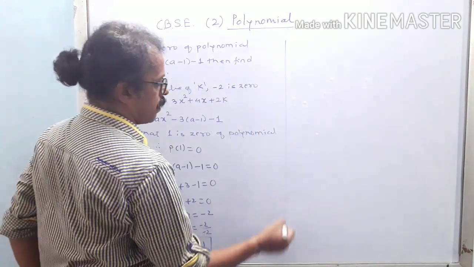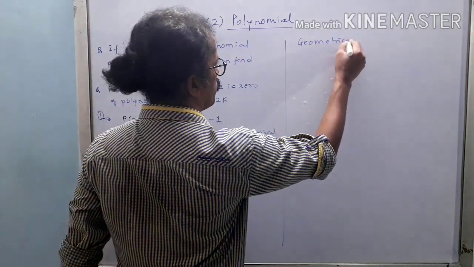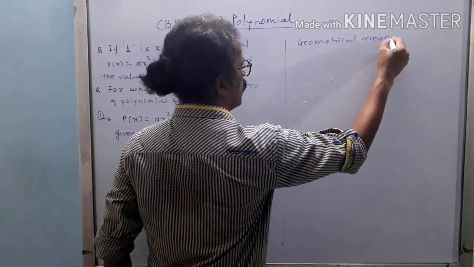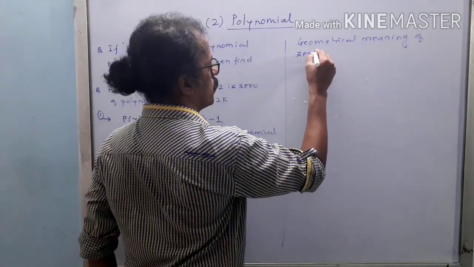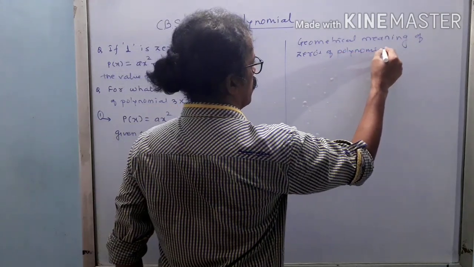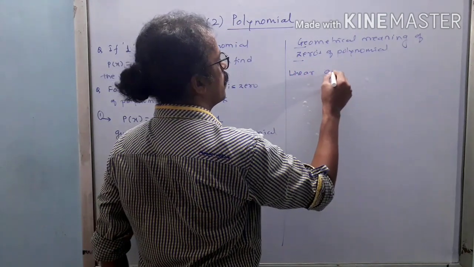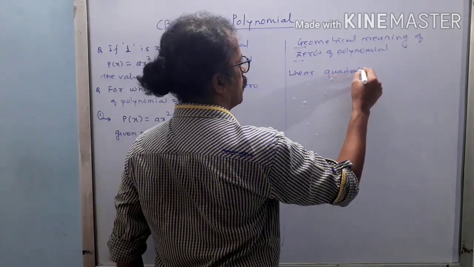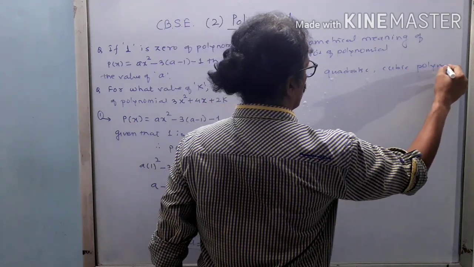Now the next concept I wanted to go ahead with is the geometrical meaning of zeros of polynomial. Okay, now for that we will consider linear, quadratic and cubic polynomials.